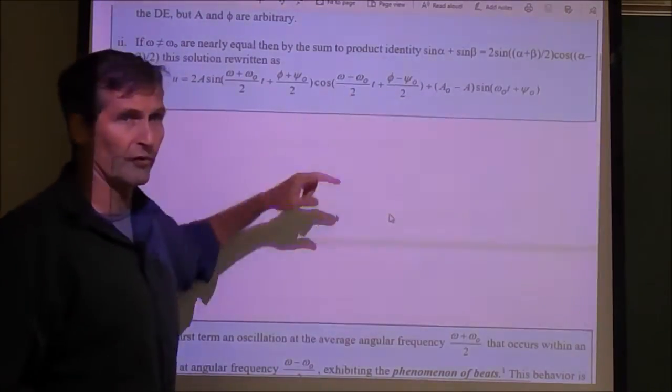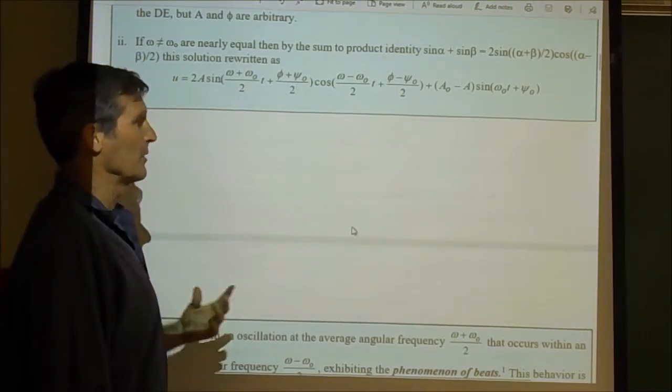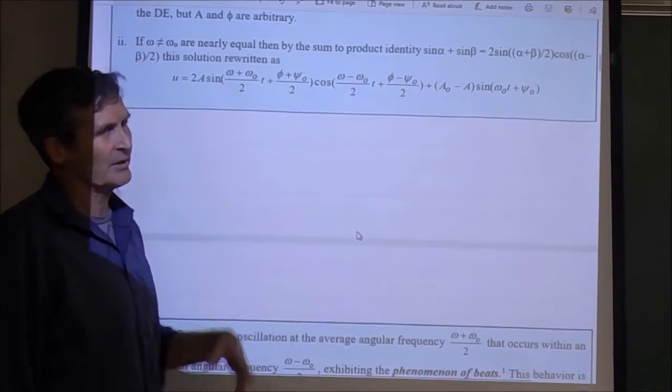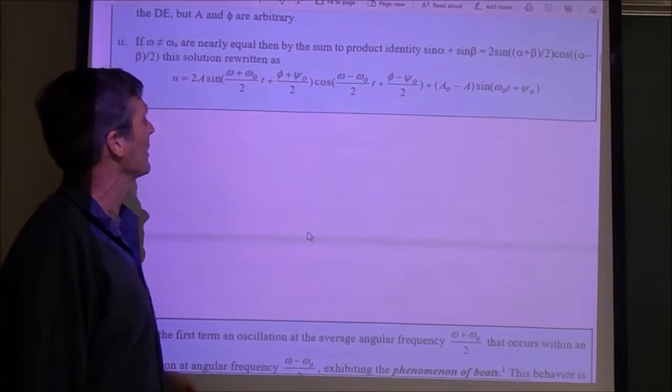You can rewrite it in this form. And so the first solution we did, driving at two different frequencies, can also be written in this form, but it's not very significant. It's just a clumsier way of writing the same thing you had before.